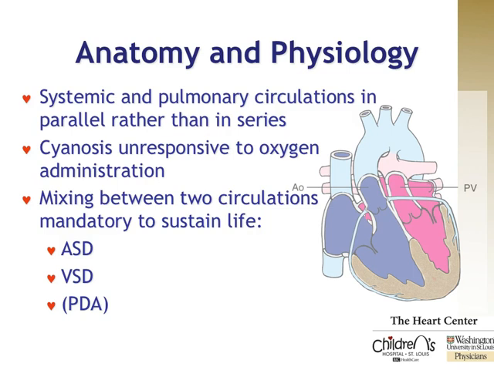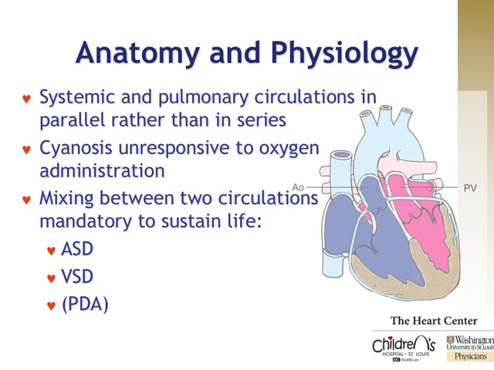And the reason I want to stop and emphasize that for a second is that it's important to recognize that a PDA alone is not sufficient to maintain adequate mixing, adequate crossing over of red blood to the systemic circulation to sustain life.